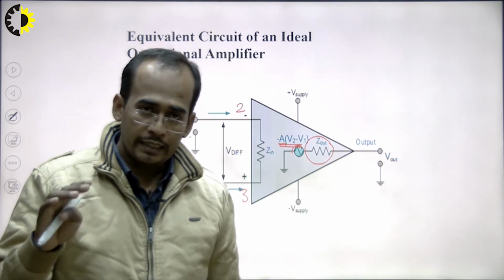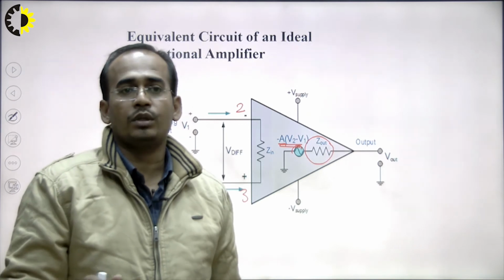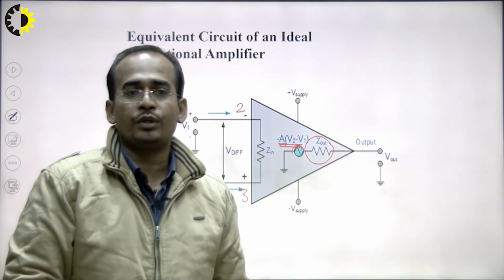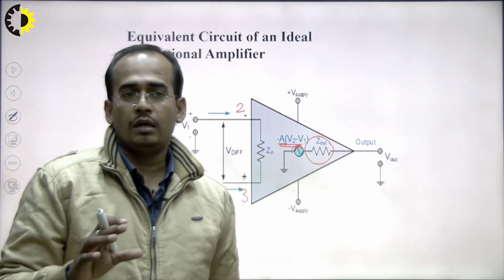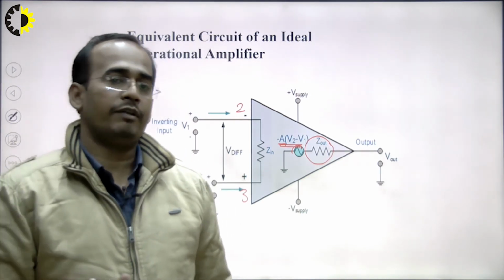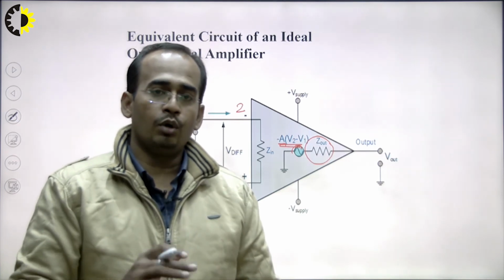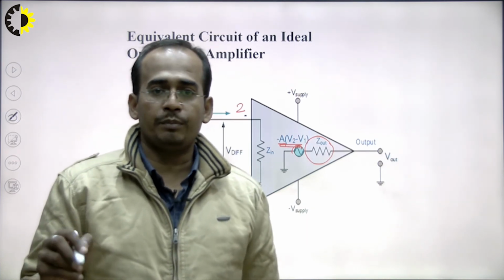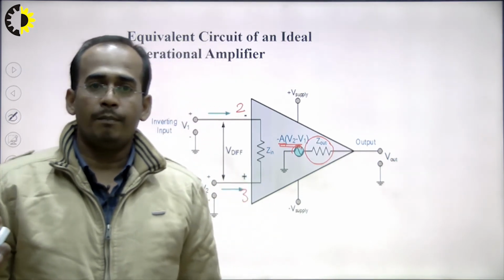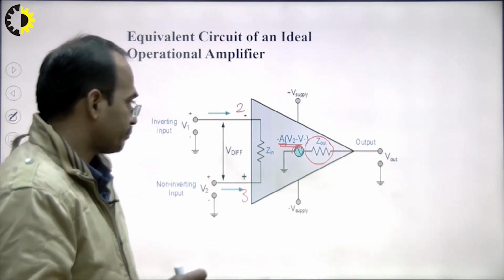So, to get less drop across this resistance, so that we can get the same output that we got at the output of the differential amplifier, we are using low output resistance or low output impedance for getting the maximum output from the operational amplifier.